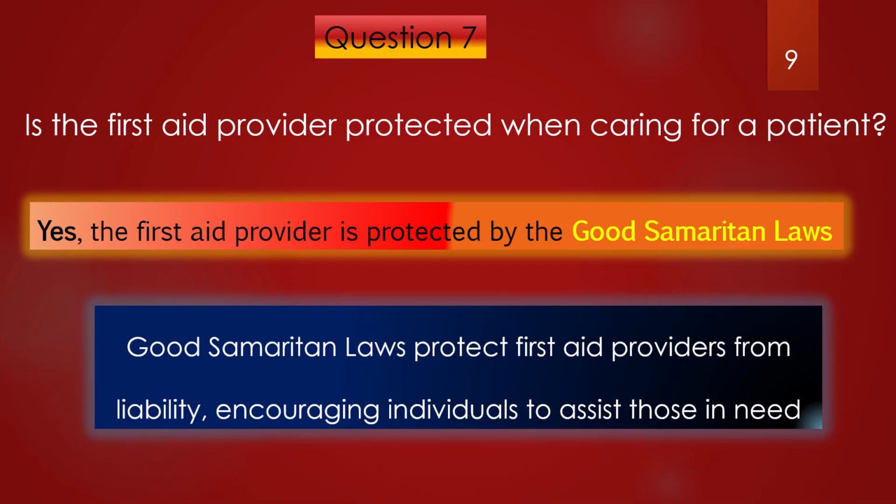Good Samaritan laws protect first aid providers from liability, encouraging individuals to assist those in need. So Good Samaritan laws protect you, the first aider, from liability, and it is also an encouragement to individuals to help those in need.